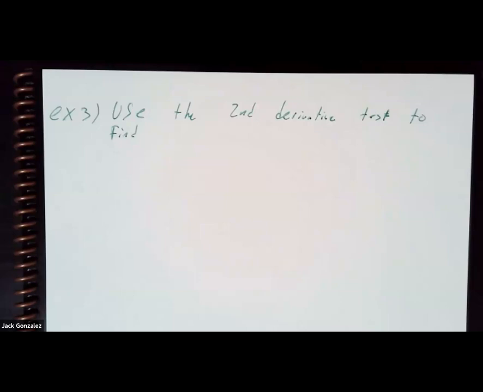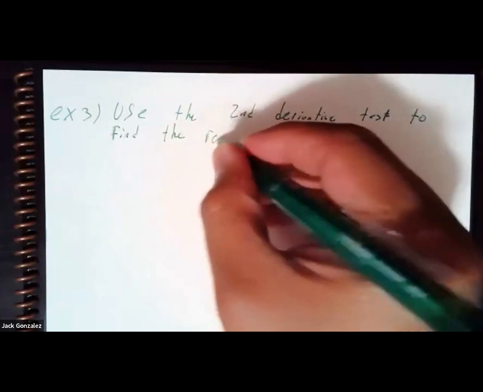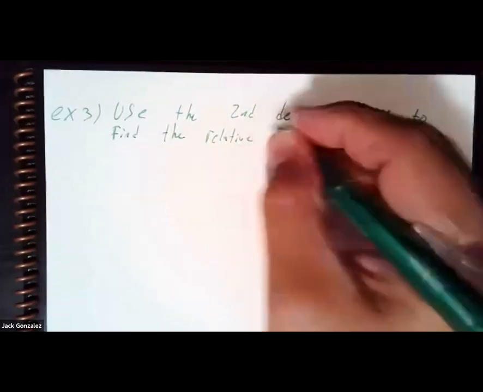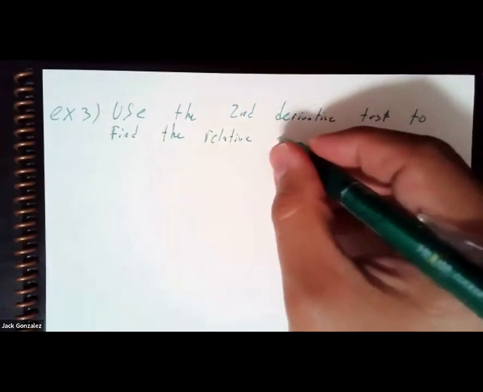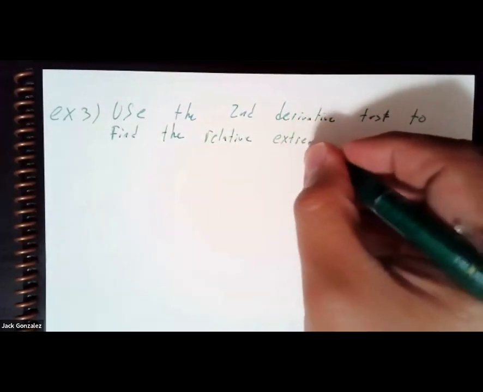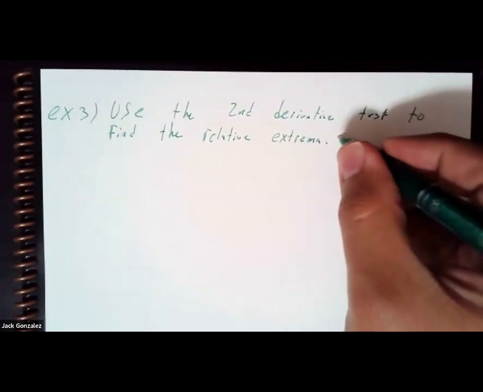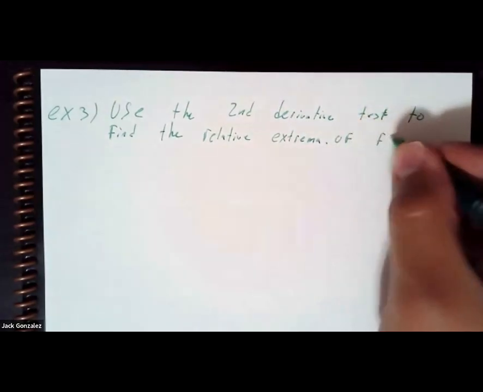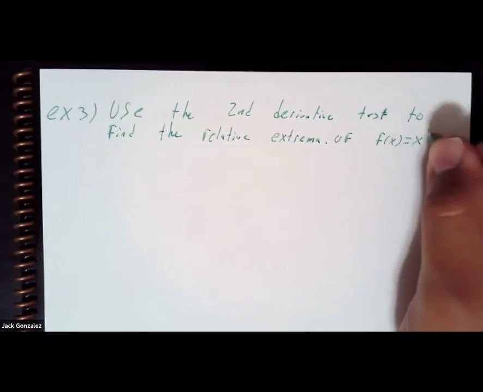Using the second derivative test to find the relative extrema of f of x equal to x to the 4 minus 4x cubed.